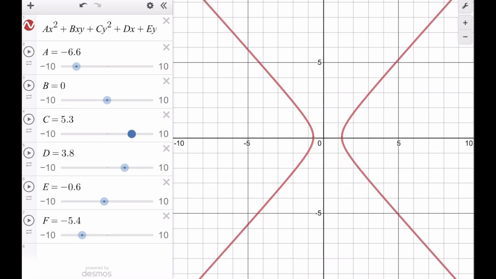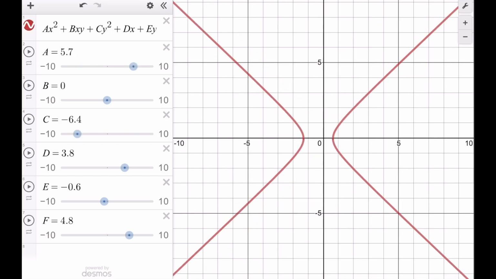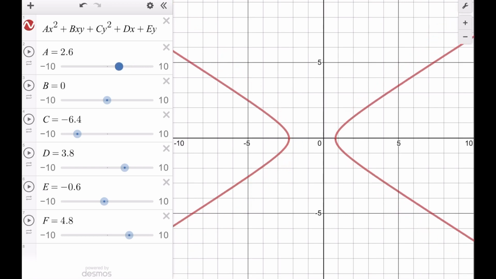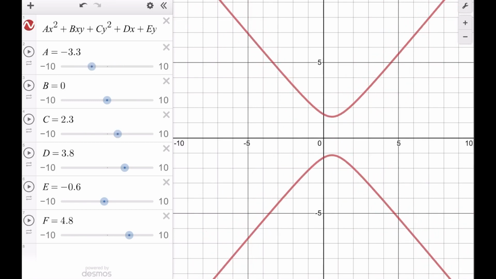Now, what about this weird shape? Let me put F back to being positive. So notice this happens when A is negative and C is positive, or the other way around, A is positive and C is negative. Now, they don't get the same thing when one's positive or the other's negative. We do get sort of different or competing results in terms of the direction they open.